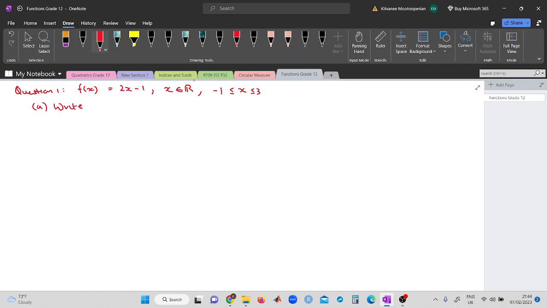The question is: write down the domain of the function f. Okay, so write down the domain. B. Sketch the graph of the function f.